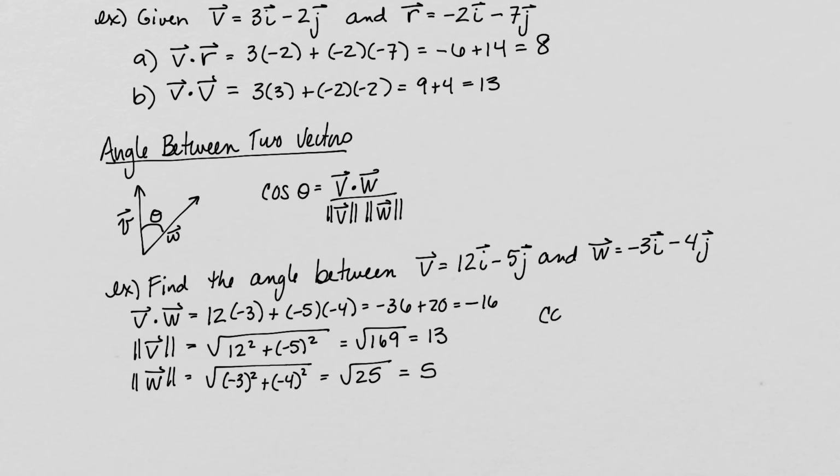So the cosine of theta is going to be v dot w, which is minus 16, divided by 13 times 5. So the cosine of theta is going to be negative 16 over 65. And then what am I going to do to figure out theta?